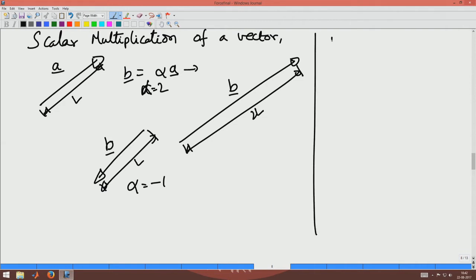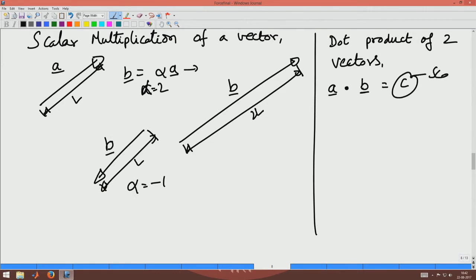On the other hand, a dot product of two vectors is denoted by A dotted with B is equal to some scalar value C. This is not a vector, scalar value.